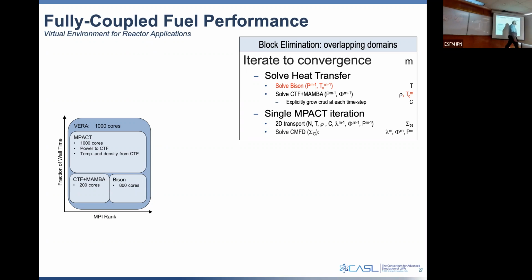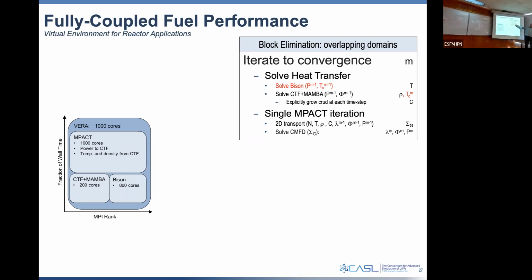We'd have to time lag, or iteration lag, the power. We give the power to Bison, and in general, if Bison is a full two-dimensional RZ fuel code, we don't know how much heat came out of that Bison rod until we solved Bison. But Bison has, as I mentioned, multiple levels of fidelity. It can do 1D, 2D, 3D. If we use the 1D version of Bison, then we know any heat we put into the center of the fuel rod is going to come out the cladding on the outside.